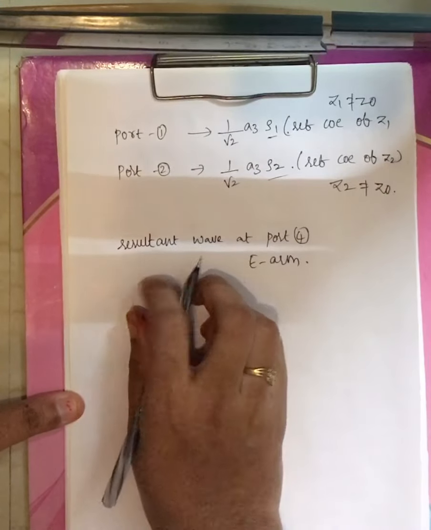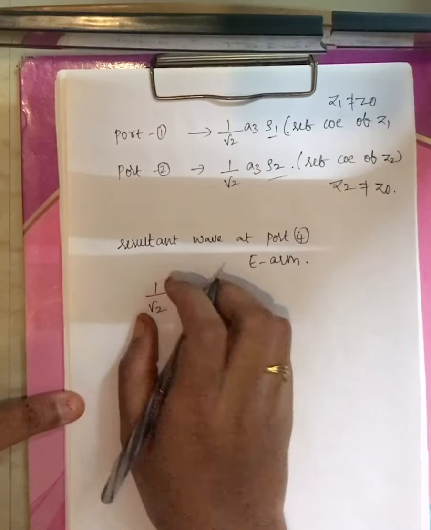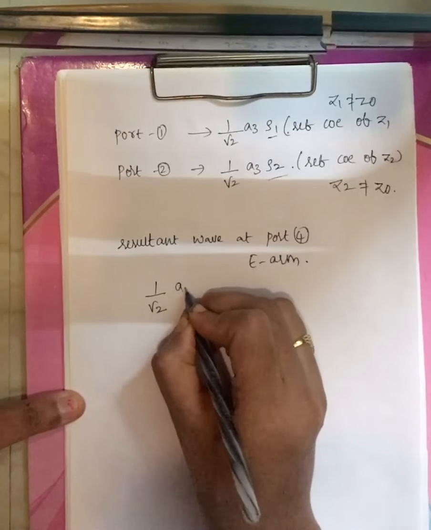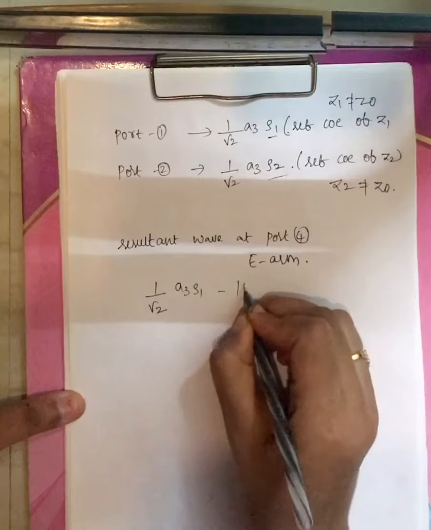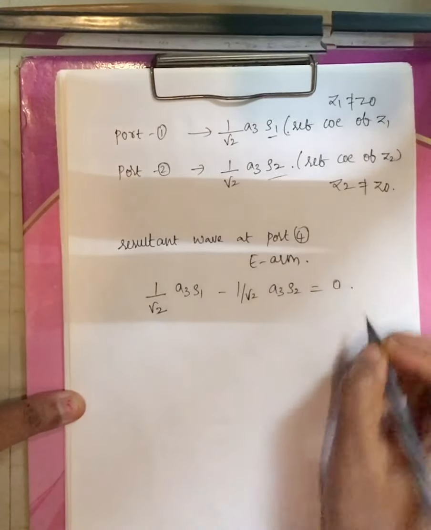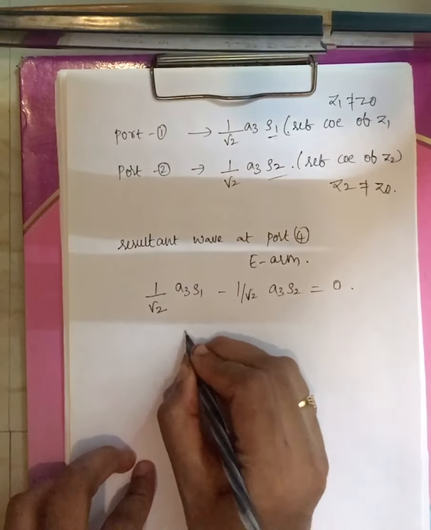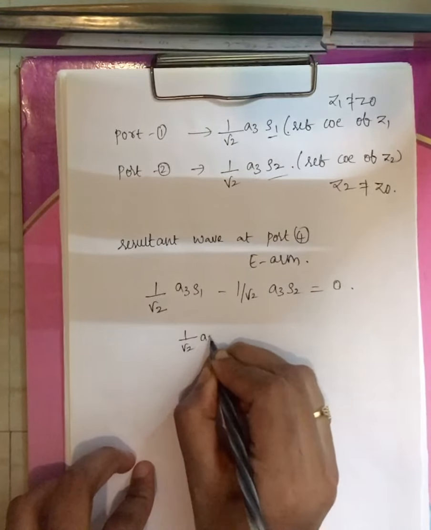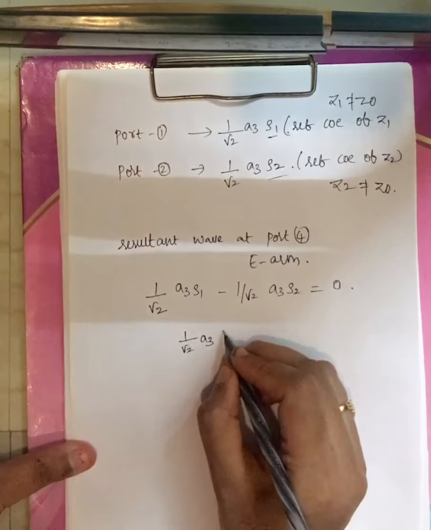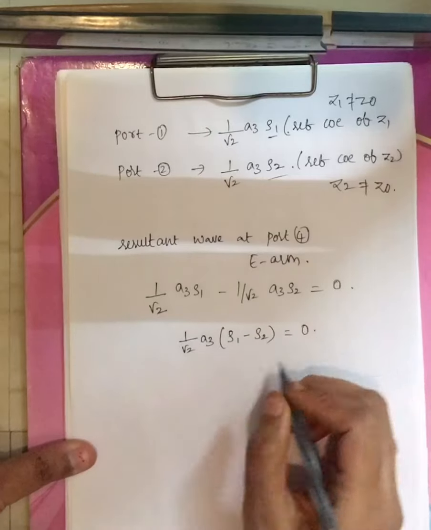Now why are you getting subtraction? Phase shift of 180 degrees, because of the change in the electric field lines, right? Now 1 by root 2 A3 rho 1 minus 1 by root 2 A3 rho 2 is equal to 0, right? From this equation I can take 1 by root 2 A3 common. If I take it common, rho 1 minus rho 2 is equal to 0.